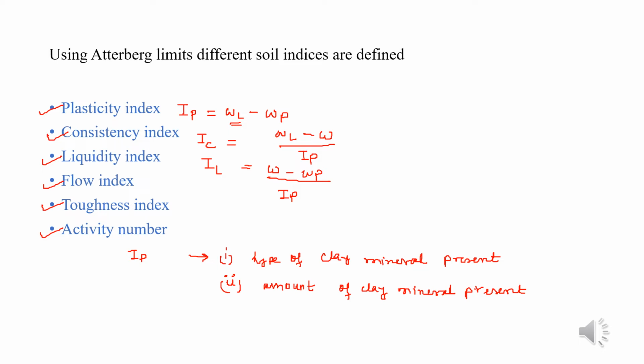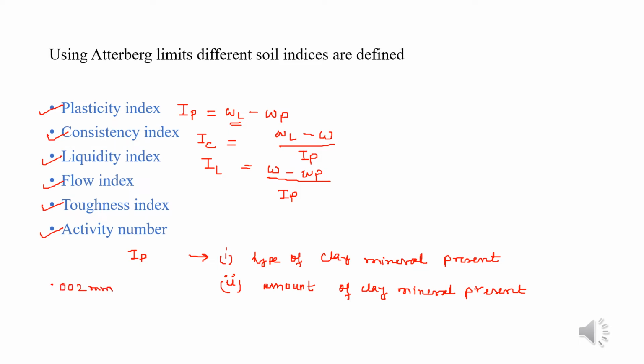In 1953 he observed that the plasticity index is directly proportional to the percentage of clay size particles by weight. We talked about grain size distribution in a soil sample, right? So we determine the percentage by weight of particles which are less than 0.002 millimeter or 2 micron.